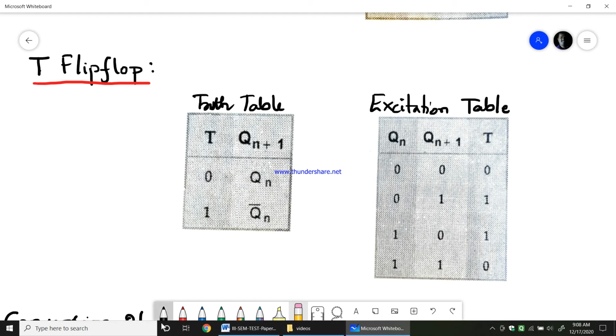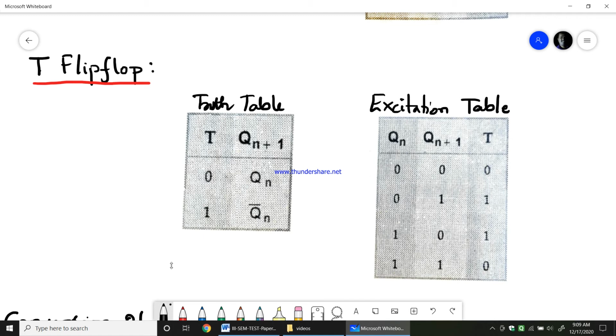Okay, so we have covered the excitation table formation of SR flip-flop, JK flip-flop, D flip-flop, T flip-flop. Now using these excitation tables, we will see how to convert one form of flip-flop to another form of flip-flop. That is what we will do now.